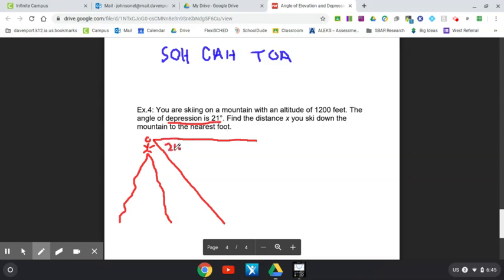So this has to be 21. The other number is this 1,200. So since it's an altitude, I know that's how tall the mountain is. And to put it in our right triangle, I know it's how tall, so it has to go over here.